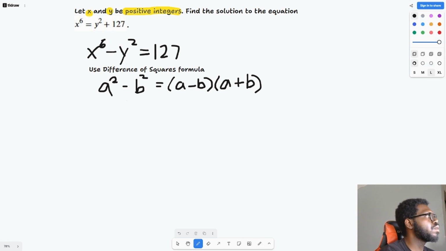Well, we're going to rewrite this x to the sixth power as a square, because we know that x to the sixth power is equal to x to the third power squared.